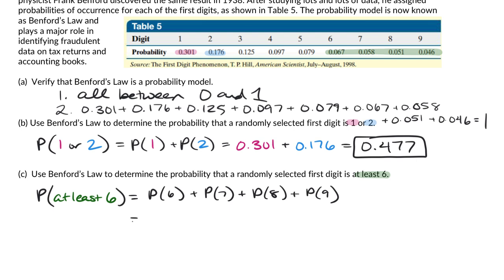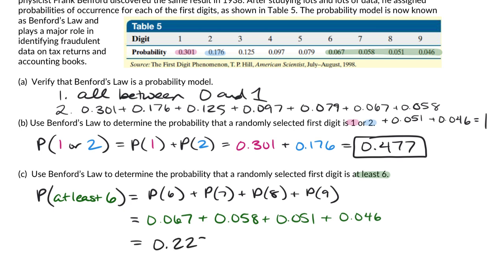So we just simply take all of those probabilities from the table, which would be 0.067 plus 0.058 plus 0.051 plus 0.046. And if you trust my math, which I know some of you do not, which is fair, you get 0.222, which means it's a 22% chance that the starting digit of a number is at least 6.